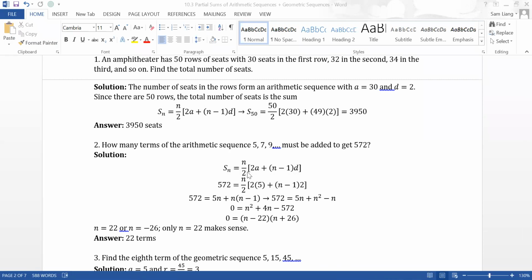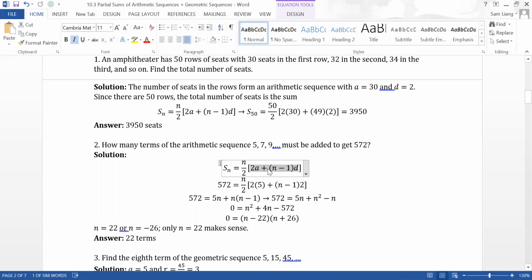Well, actually, thinking about it further, what we would end up doing is, you solve for a sub n using the a plus n minus 1 d formula, right? Any term in the arithmetic sequence can be found using the first term a plus n minus 1 times d, which is actually what we have here.